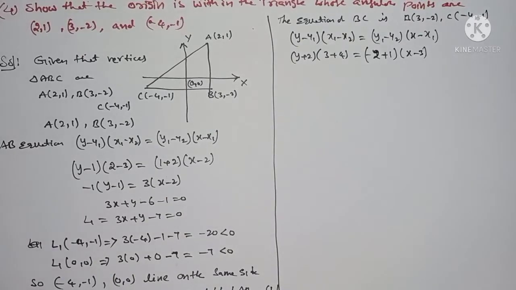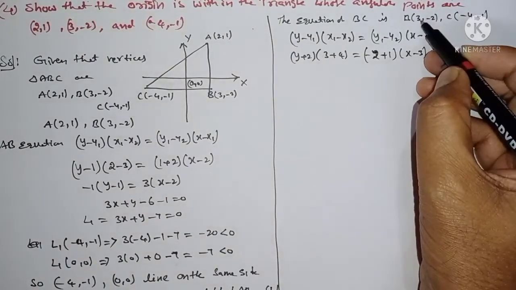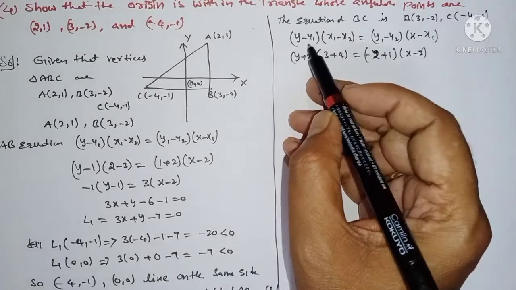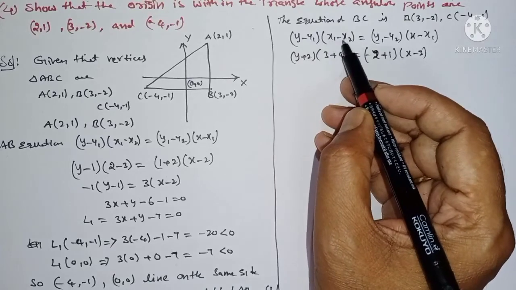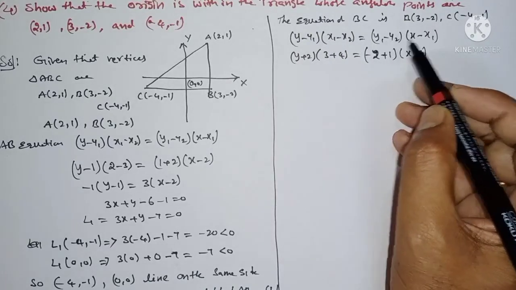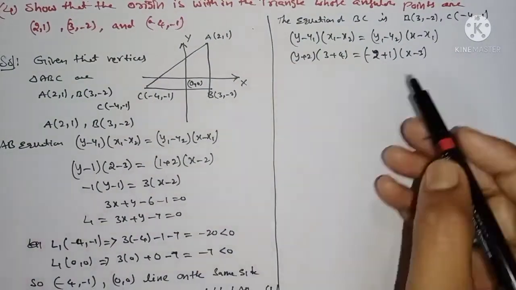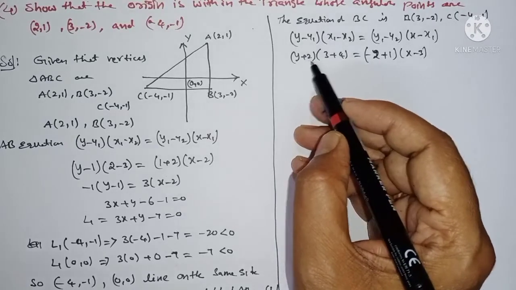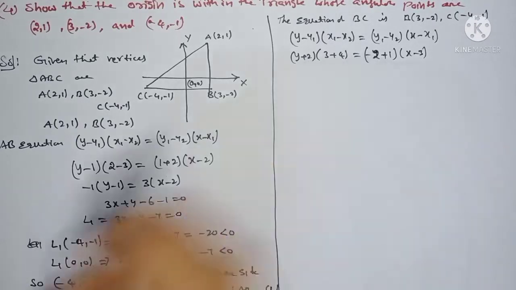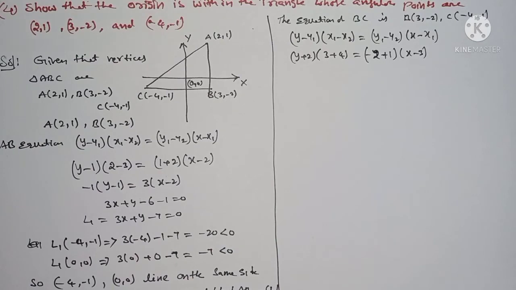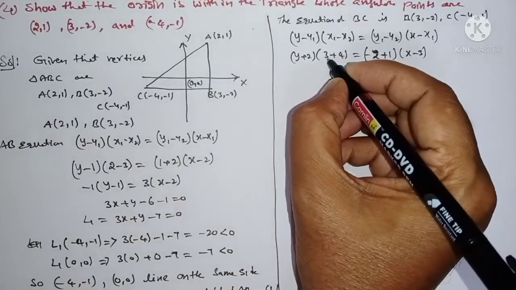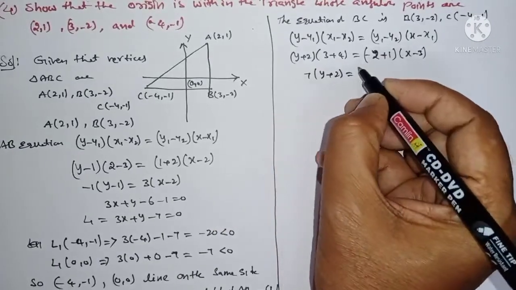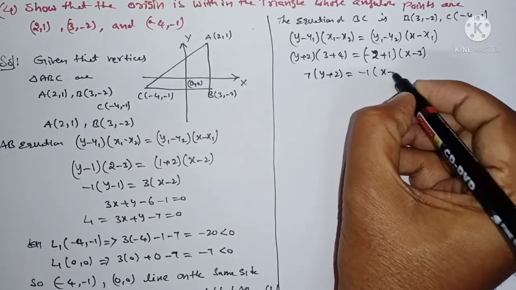Listen here. The equation of the BC is, B point is 3 comma minus 2. I am taking C as minus 4 comma minus 1. Therefore, same formula, y minus y1 over x1 minus x2 is equal to y1 minus y2 over x minus x1. Substitute x1, y1, x2, y2. Y plus 2 over 3 plus 4 is equal to minus 2 plus 1 over x minus 3. 3 plus 4 is nothing but 7. Y plus 2 is equal to minus 1 over x minus 3.